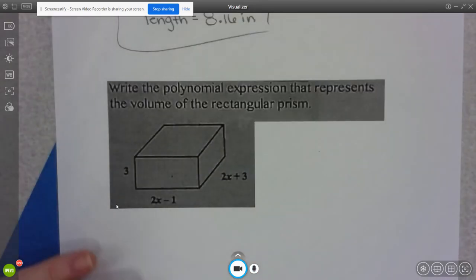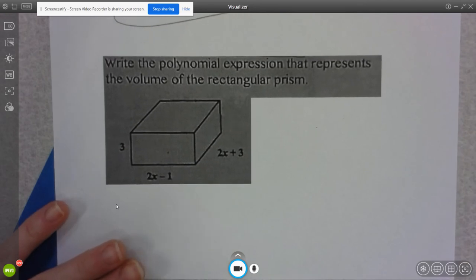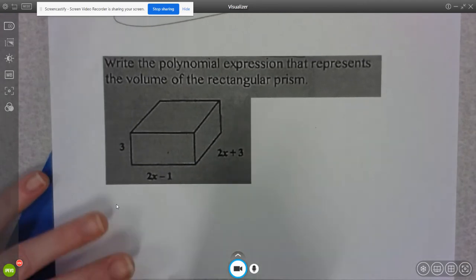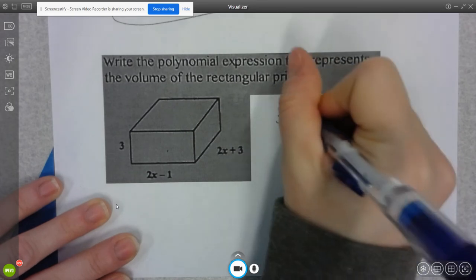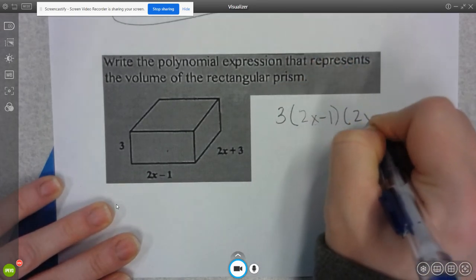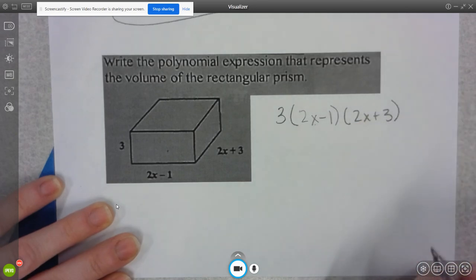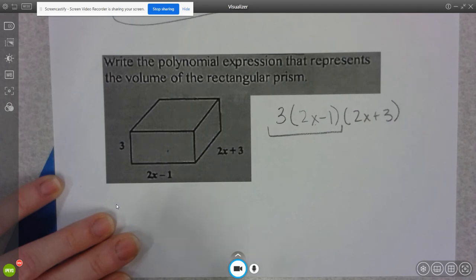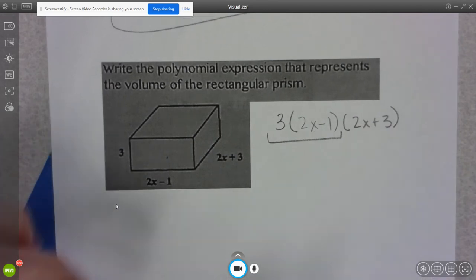And last but not least, another rectangular prism. So this is another length times width times height. So this would be 3 times 2x minus 1 times 2x plus 3. Personally, I would choose to do this first because it's a lot less work when I have to go do that second multiplication.